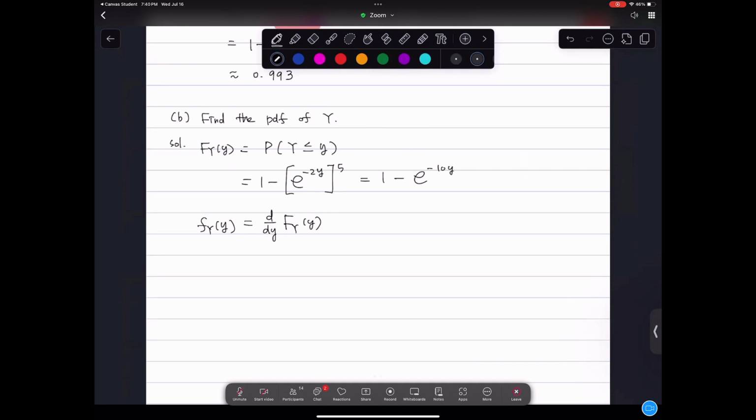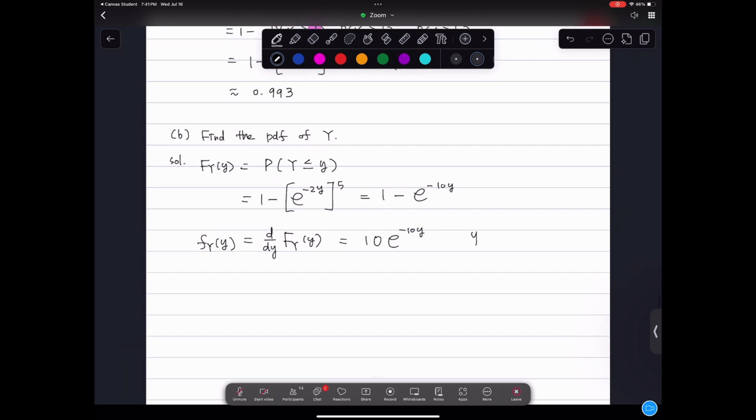So that should be 10 times e to the power of negative 10y, for y being greater than 0. So smallest order statistic, that should be also 0 and greater. So this is it. So according to this, I got this.